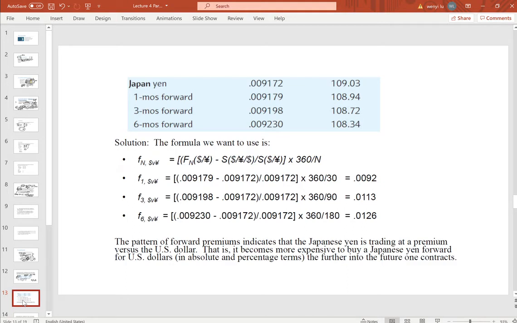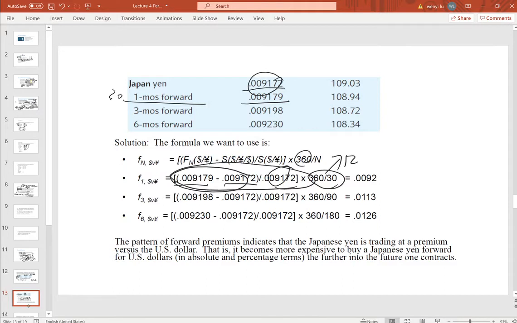So the first one will be the forward price minus spot price, difference over spot price, then times what? 360 over 30 days in a month. So that will be 12. So the percentage change times 12 will be annualized premium. For the 3 months and 6 months, similarly, right? Just choose the number accordingly.